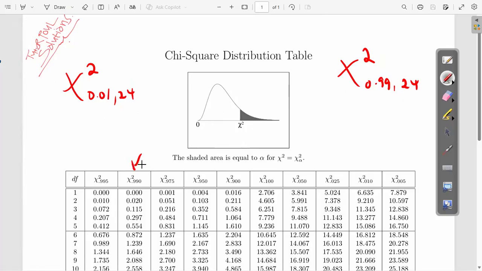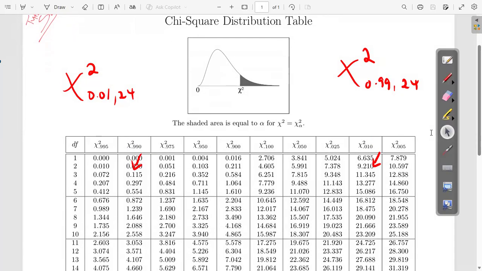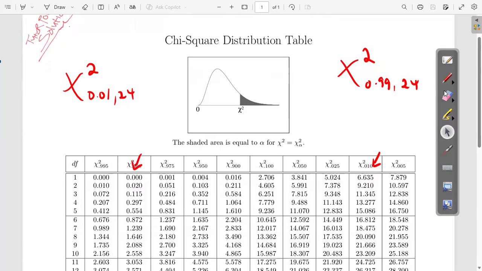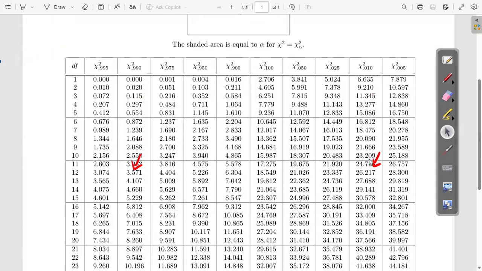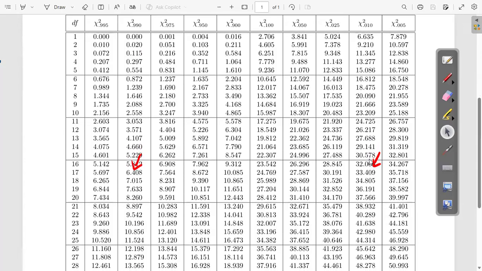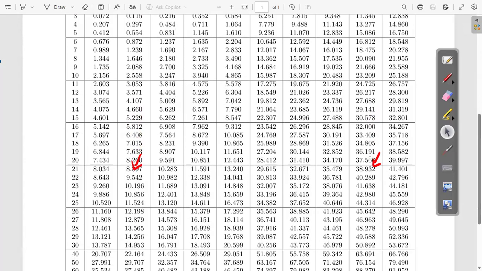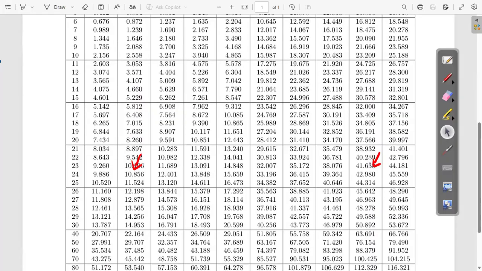It is here. And the 0.01, it is there. So I just have to move down to where the 24 is. Let me erase this. So where is the 24? Let's just follow where those things are pointing. So the 24 is there.